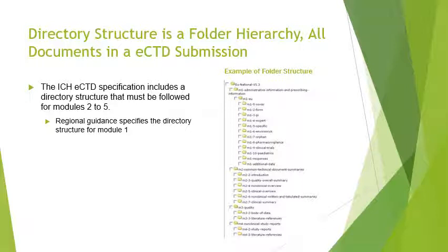So, ICH has a specification for the folder structure of module 2 to 5. However, for module 1, it is regional specific. It depends on various regulatory bodies, I mean the way they want the representation of module 1, the folder structure of module 1.